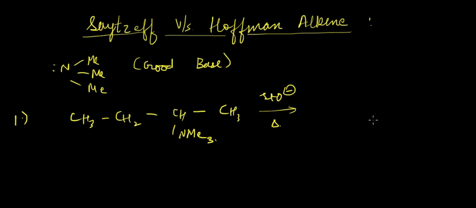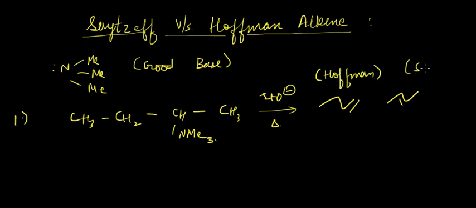So obviously E2 elimination will take place, and we find out that this is the Hoffman alkene and this is the Saytzeff alkene. Hoffman and Saytzeff.